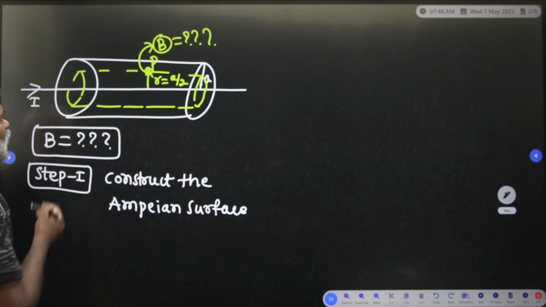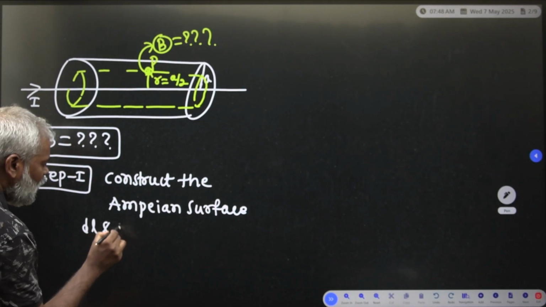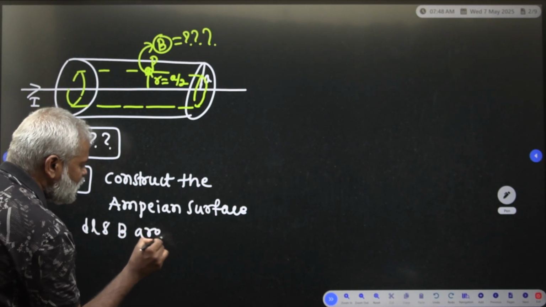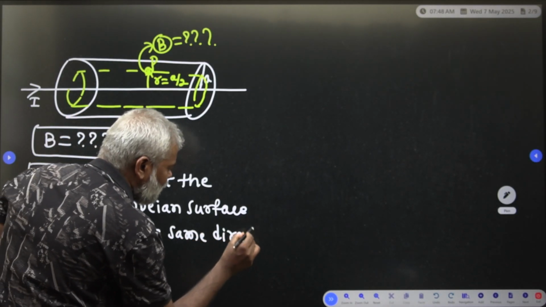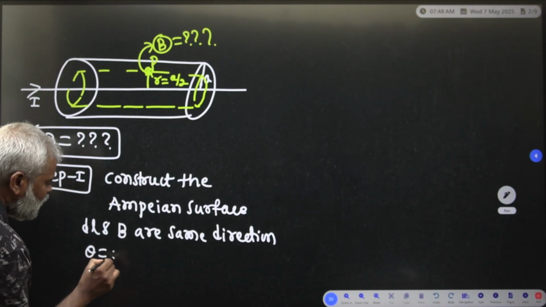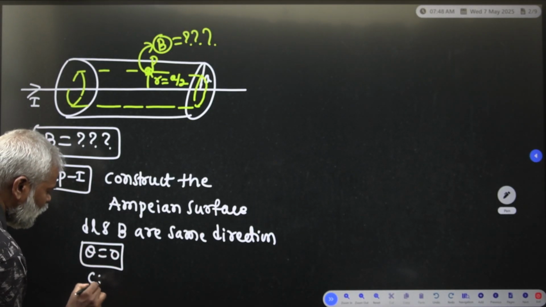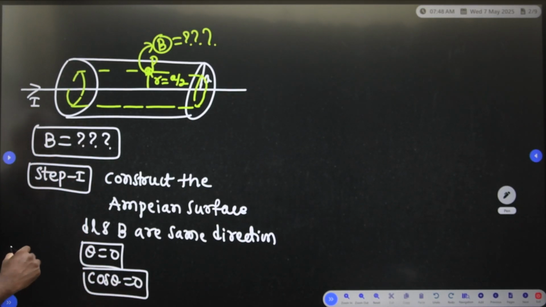So this is the Amperean surface. Here dl and the magnetic field are in the same direction. In between dl and the magnetic field, the angle theta is equal to 0, therefore cos theta is equal to 1. We have to get it clear.